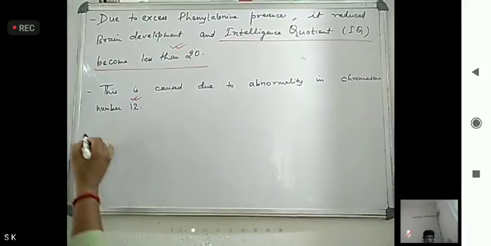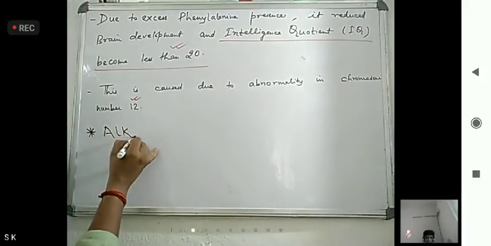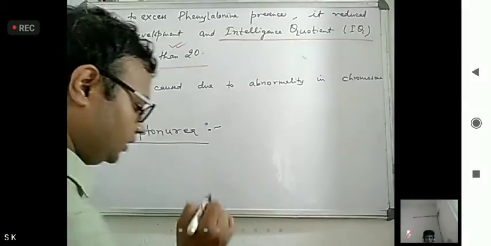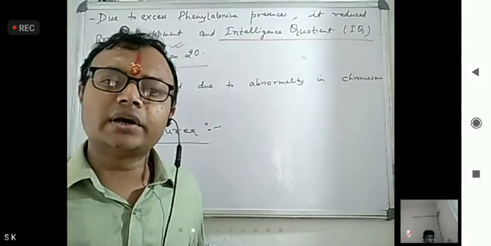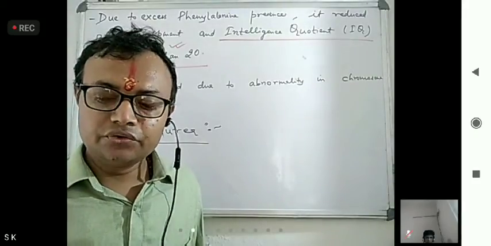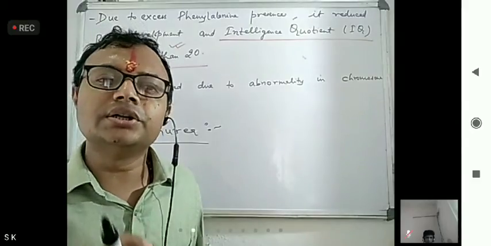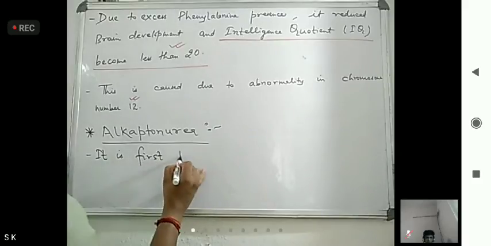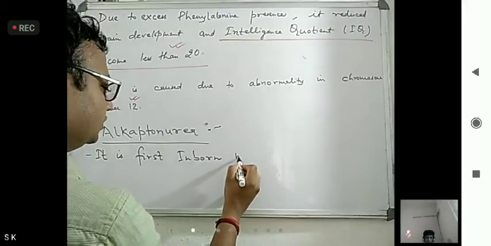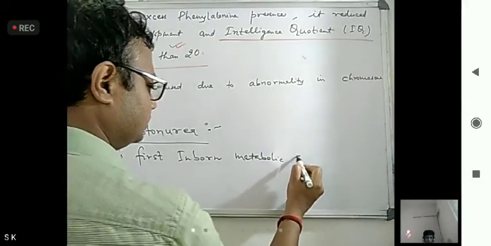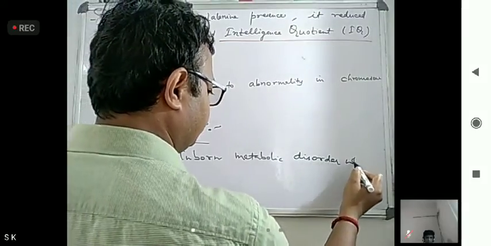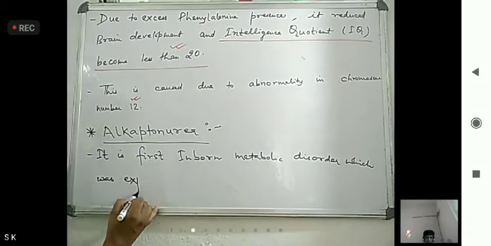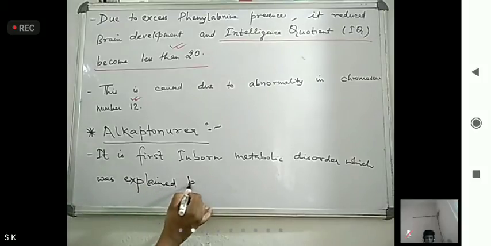Now, the next disease is alkaptonuria. This disease was discovered or explained by Garrod, and this is the first inborn metabolic disorder explained by Garrod.